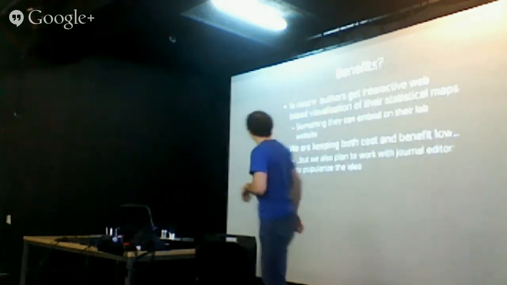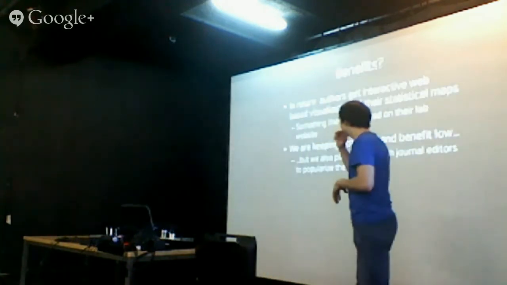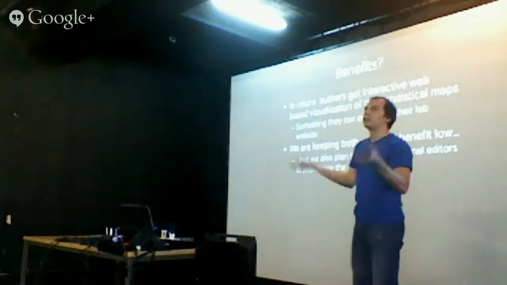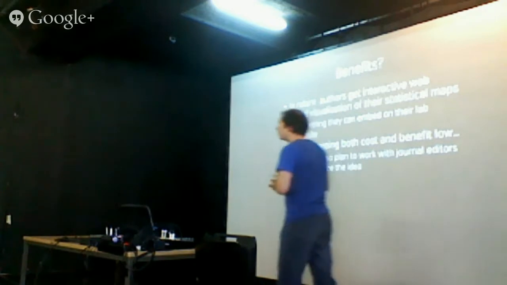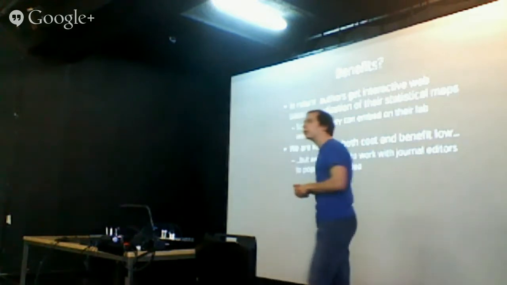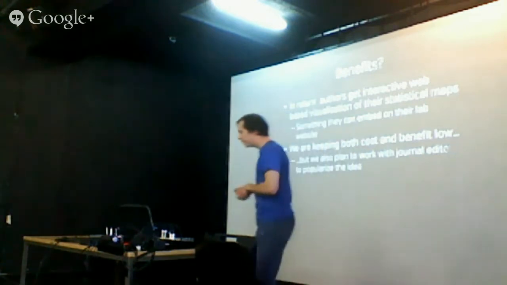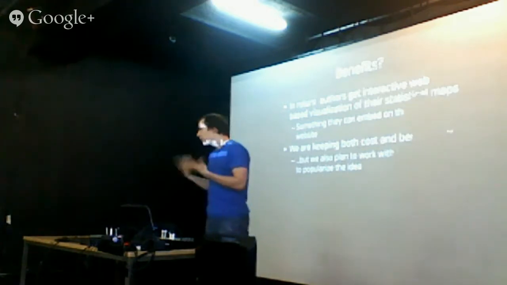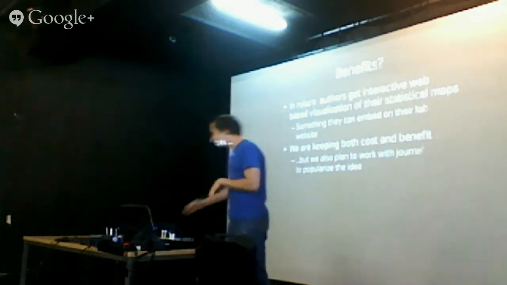And in return, what we give is an interactive web-based visualization of this data, something that they can share with their collaborators, something that makes their data look better and more attractive to the reader. So basically, we're trying to keep the cost and the barrier very low.